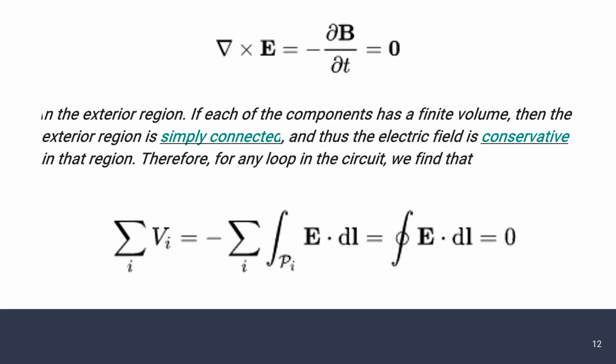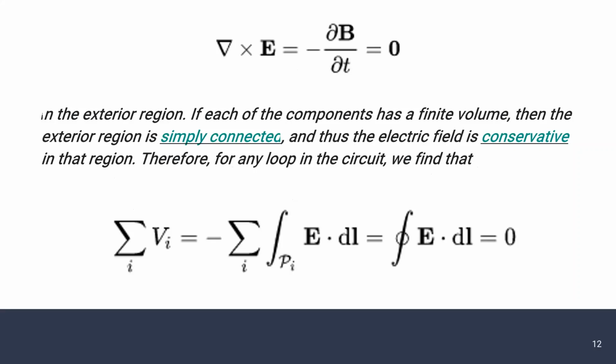where the curl of E is equal to minus dB/dt, which is equal to 0. In the internal region, if each of the components has infinite volume, then the internal region is simply connected. Hence, this electric field is conservative in the region.